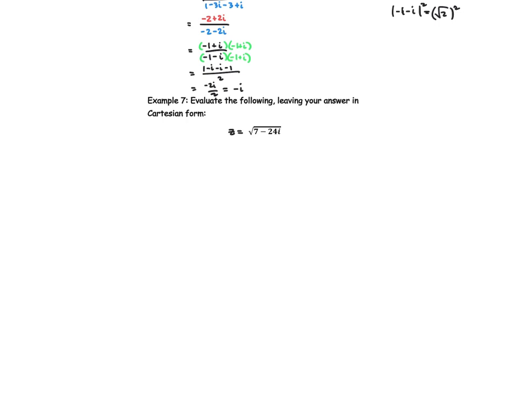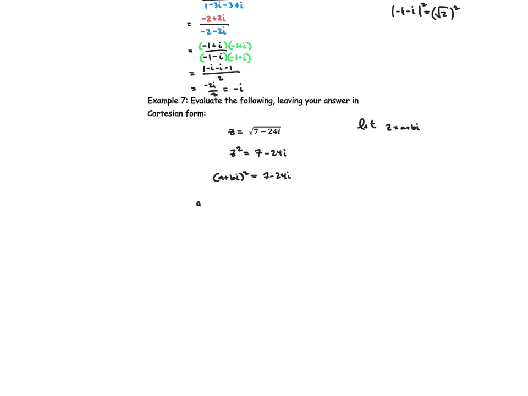Well, I think we can all agree that z squared would equal 7 minus 24i. So generally speaking, let's let z equal a plus bi. So let's write that in, substituting in for our complex number z, a plus bi. 7 minus 24i is equivalent to (a plus bi) squared.